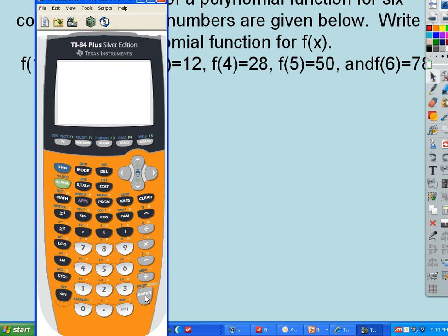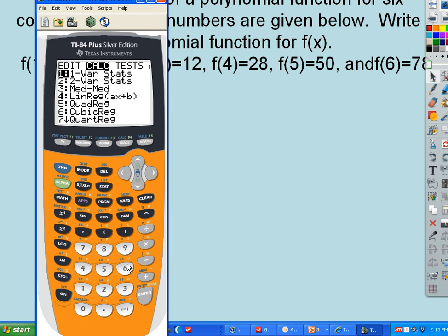I get our perfect fit, right? Perfect fit. If I graph this thing, because it said r squared equals 1, so that's 100% fit. So it goes through all those points. Now watch, if I pick a third degree polynomial, it's also going to work. Stat, calc, cubic regression.